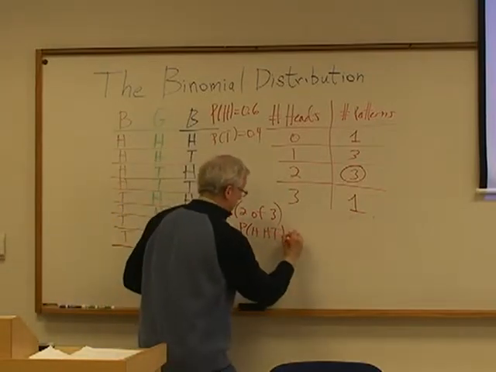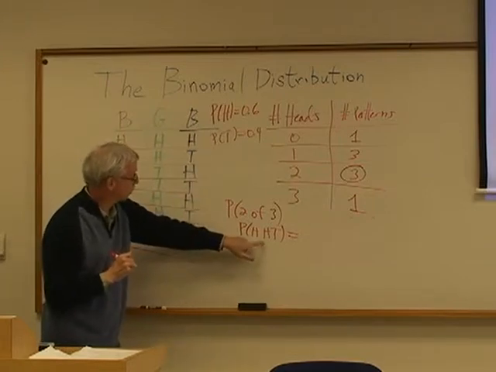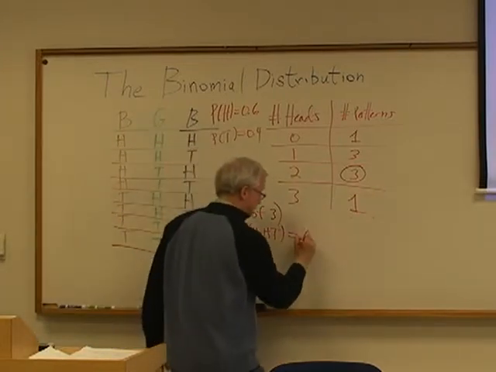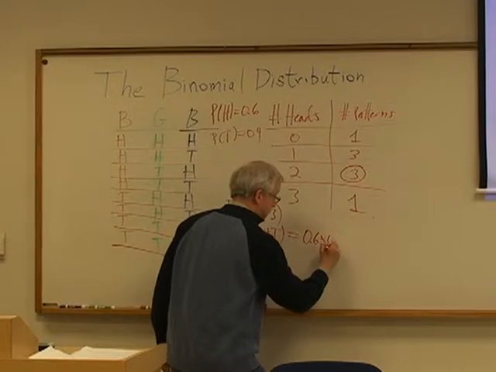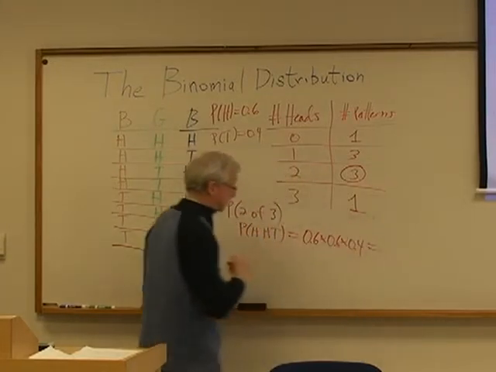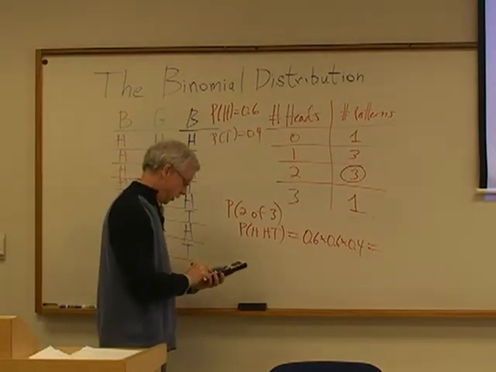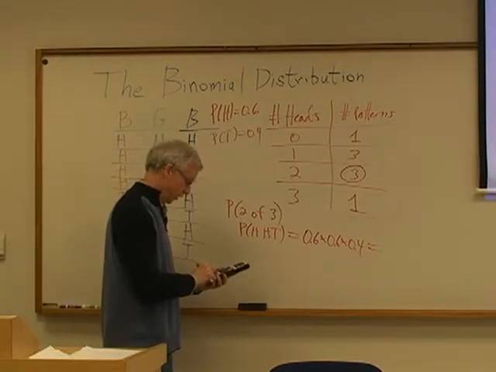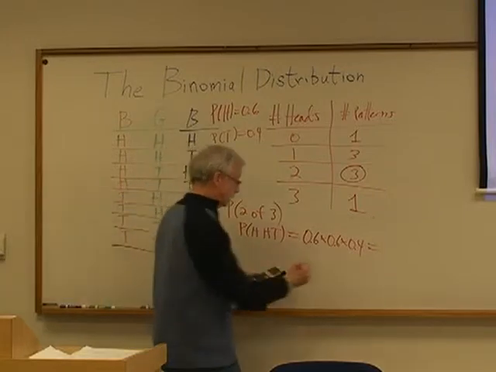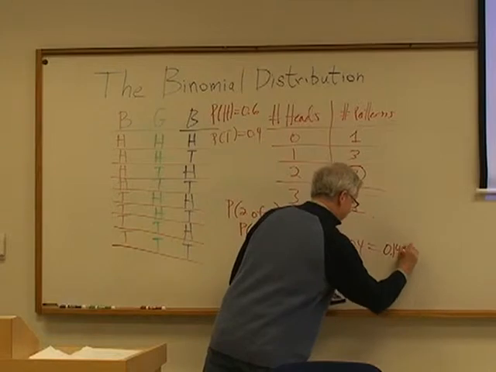And that's now, by my multiplication of probabilities, 0.6 times 0.6 times 0.4, which we calculated before, but we can calculate it again. 0.6 times 0.6 times 0.4 is 0.144.